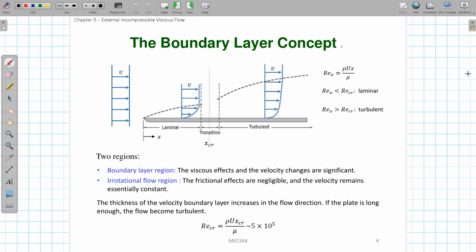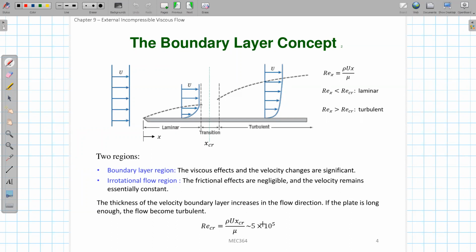Which region is laminar and which region is turbulent boundary layer is determined by the local Reynolds number. We say local because this is a function of x, the local location of x defined here. We also have a critical value for the flow over the flat plate: 10 times 10 to the power 5.